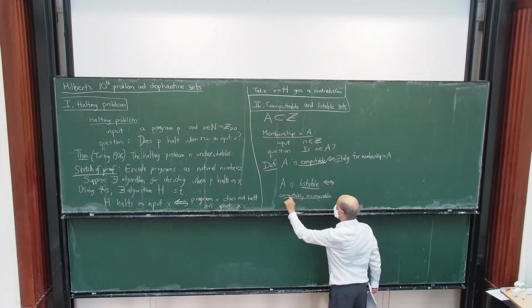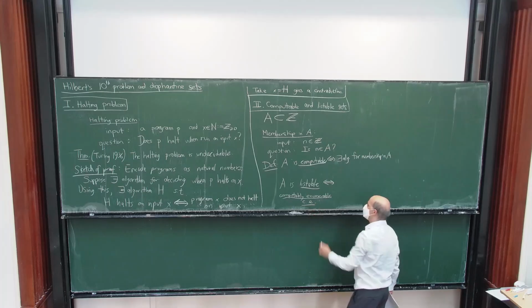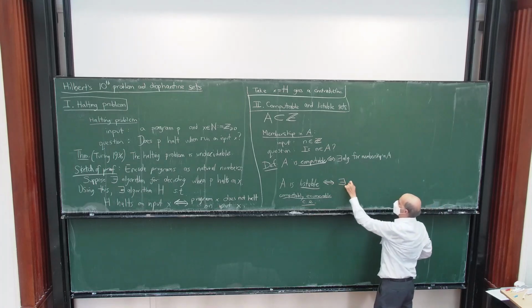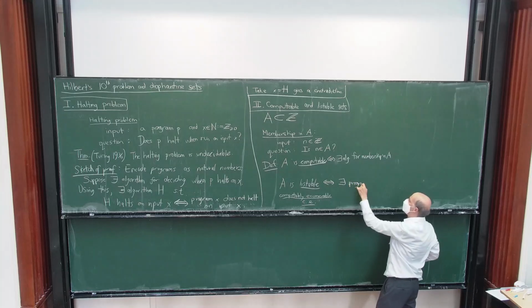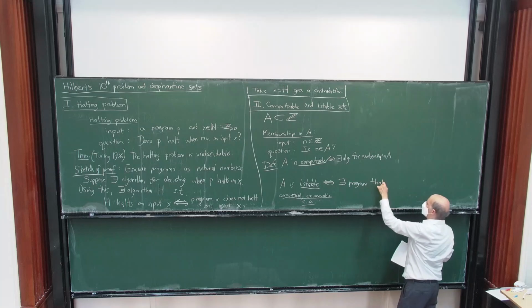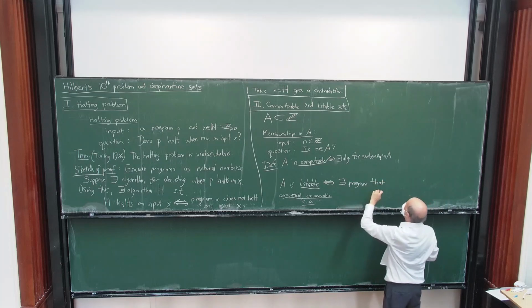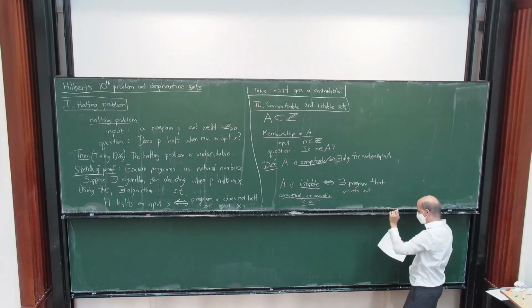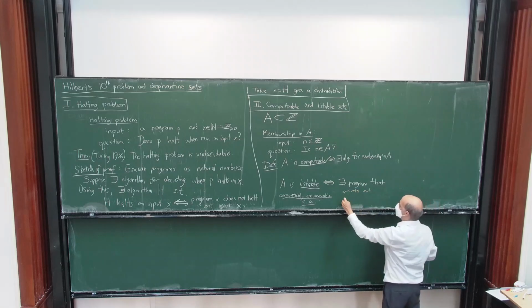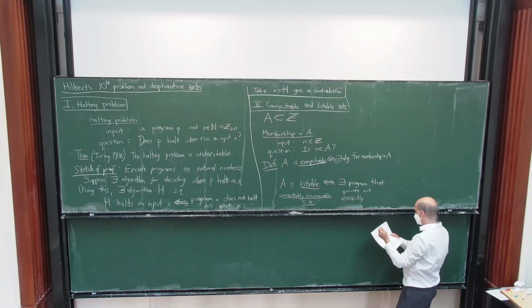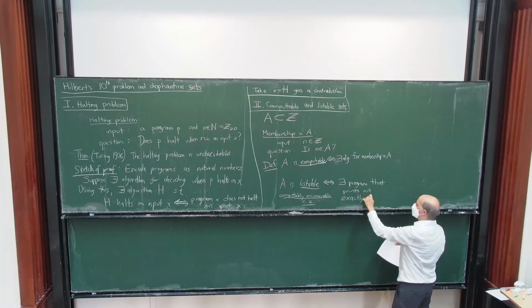These are all the same thing. So this means that there exists a computer program such that if you let it run forever, then it prints out exactly the elements of A, but not in any nice order, perhaps.